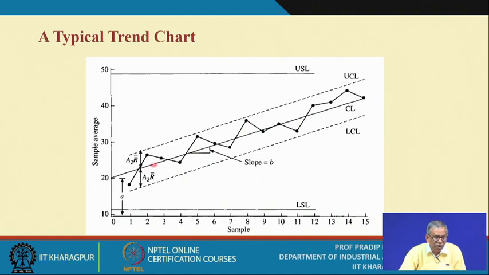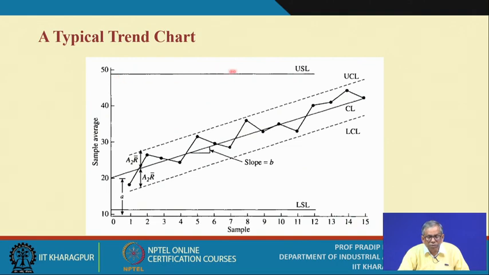Here it is not a horizontal line. The central line has a slope of b and an intercept of a with the y-axis, representing the sample average values. So the upper and lower control limits you can determine when this distance, A2 R bar, is known.